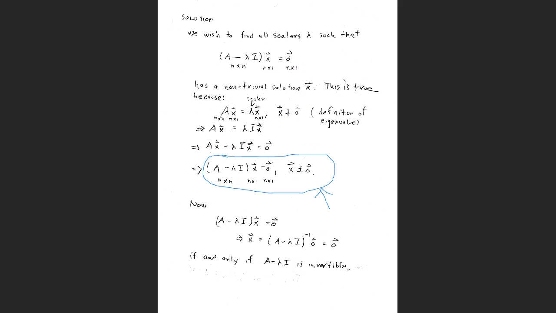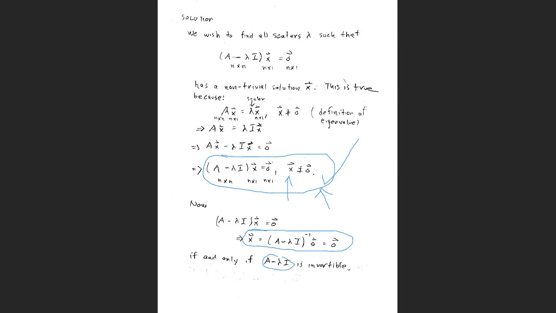But an eigenvector cannot equal the 0 vector. If A minus lambda I is invertible, when you solve this vector equation, you're going to get that x equals the 0 vector, and so you don't have an eigenvector. So to solve for the eigenvectors, A minus lambda I cannot be invertible.